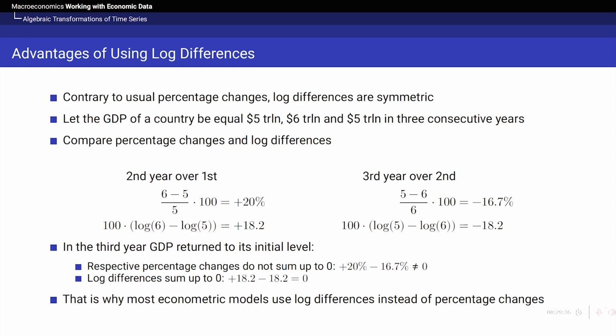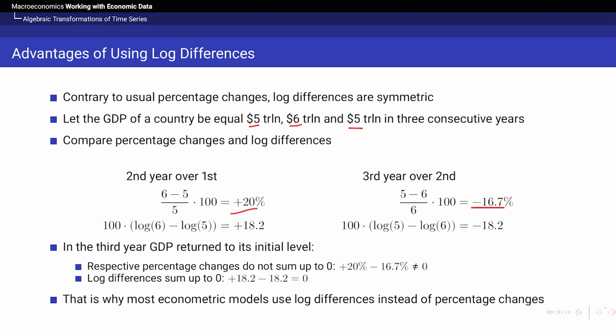This means that if a variable changes its value and after several periods returns to the initial one, the sum of log differences will be equal to 0. This is not true for ordinary percentage changes. Consider a simple example of some country where for 3 years GDP was equal to 5, 6, and 5 trillion dollars. If you calculate percentage changes in the second and the third year, we will get plus 20% and minus 16%.